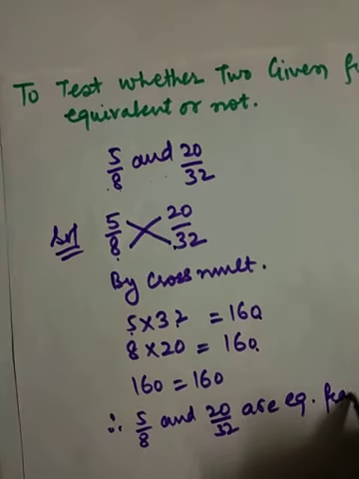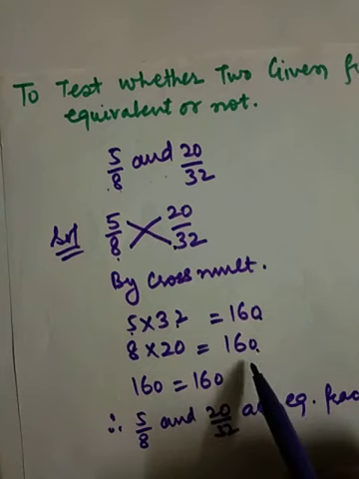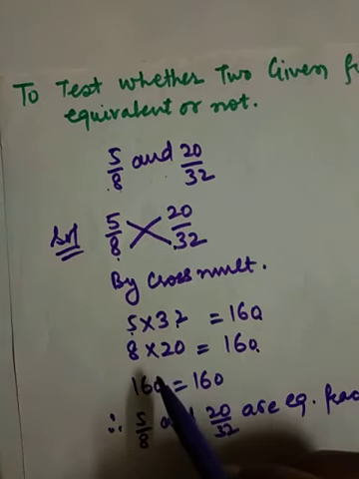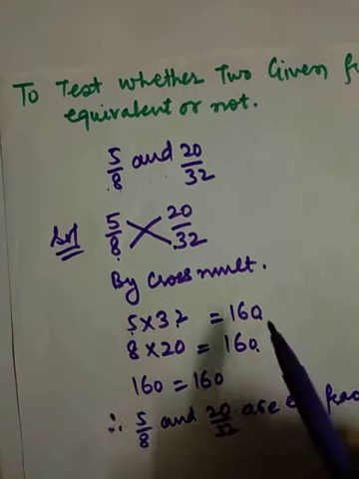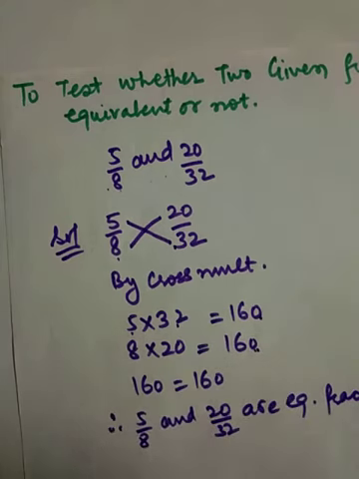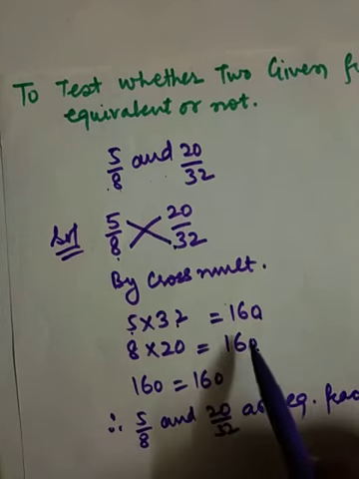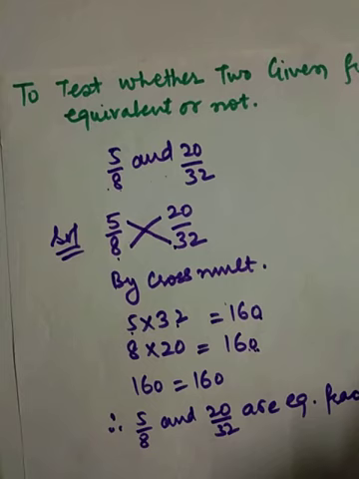Okay, fine. When the answers of both multiplications are the same, we can say that both fractions are equivalent. But when the answers are not the same, then both fractions are not equivalent fractions.